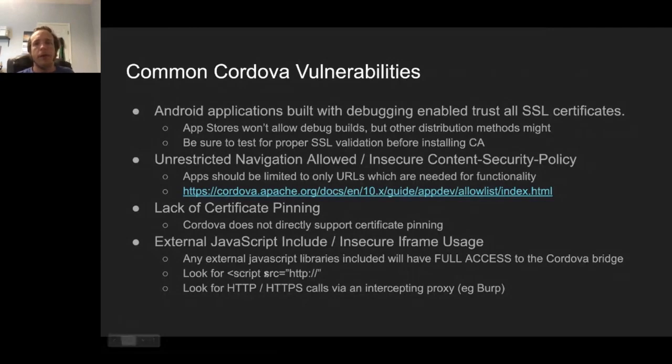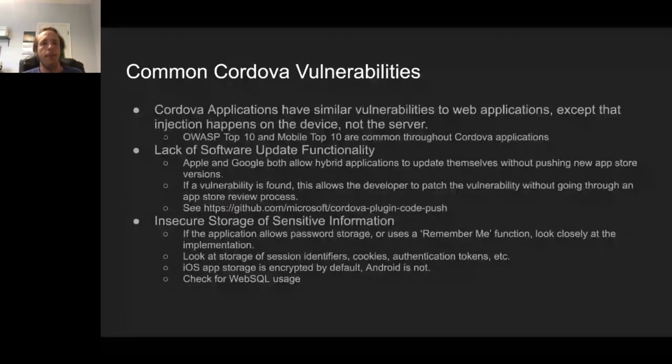The other thing that I want to mention here is that Cordova applications are essentially web applications. They're just bundled and running in a different context. So all of the vulnerabilities that you're going to see on a web application, your cross-site scripting, insecure data usage, basically all of your OWASP top 10 and your OWASP mobile top 10, you want to look at all of those when you're looking at a Cordova application.